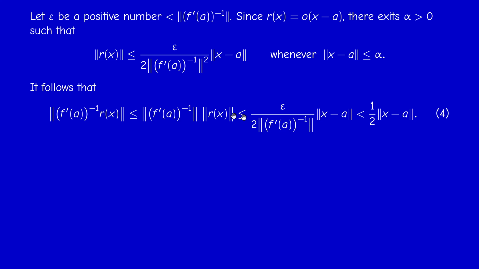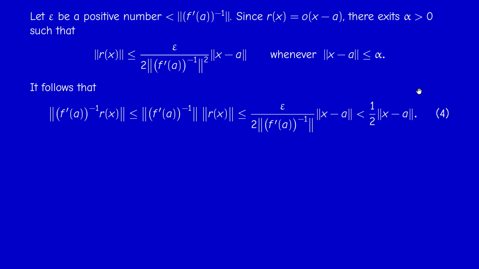So when I multiply this inequality by F prime of A minus 1, I get epsilon over 2 times the norm of x minus a over the norm, so we just cancel by the norm squared here. And since epsilon is less than this norm, the ratio is less than 1, and therefore this quantity is less than 1/2 times the norm of x minus a.